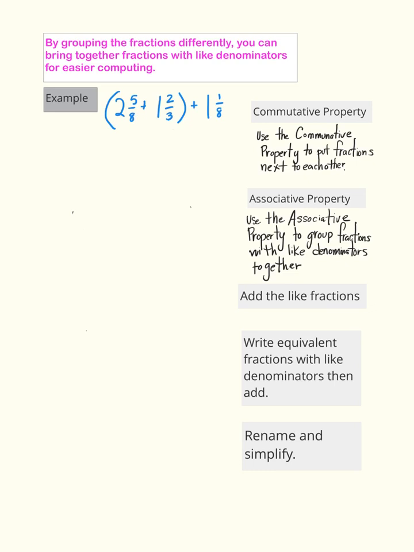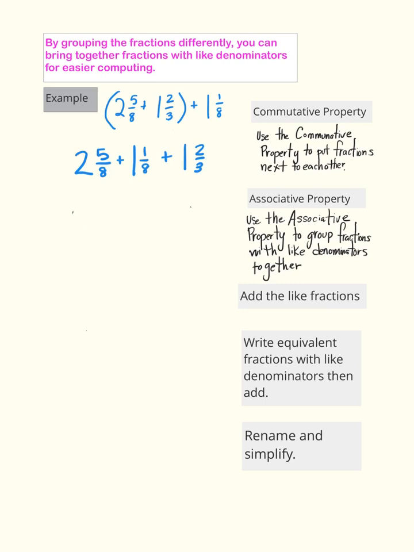So first, we're going to take 2 5/8 and put it with a fraction that has the same denominator. So I'm going to put 2 5/8 next to 1 1/8, and then I'm going to put the 1 2/3 over here.